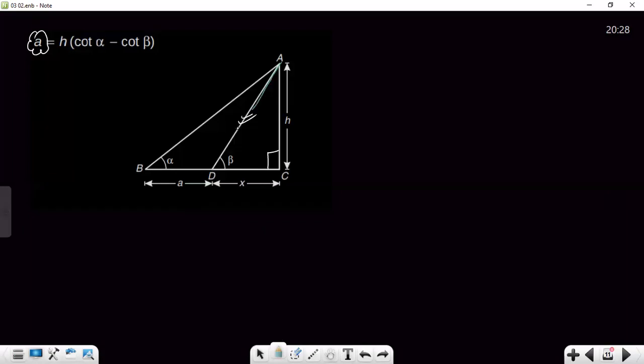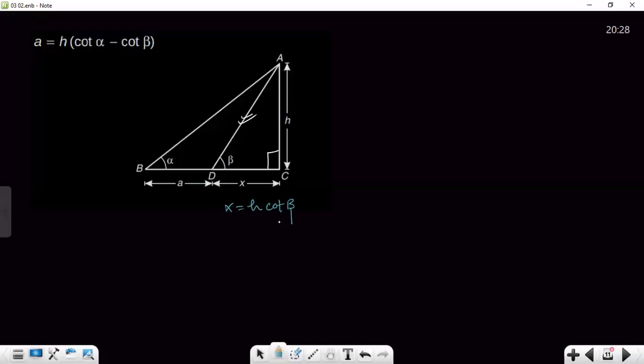Talking about this triangle only, H is the height. This is the angle. So the base will be the perpendicular, that is H here, into cot of beta. Is that clear? That X will be H into cot of beta.